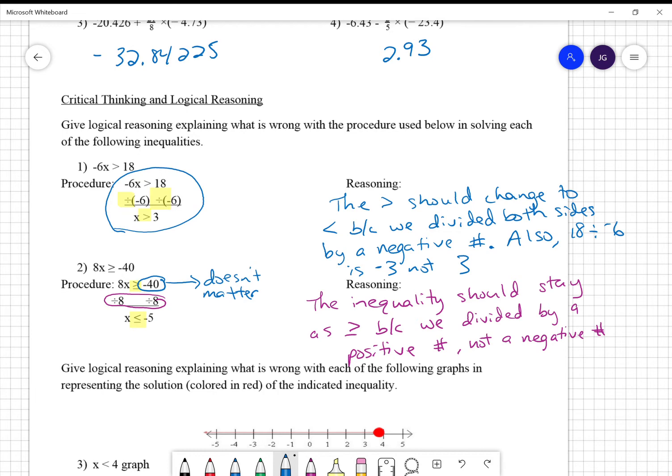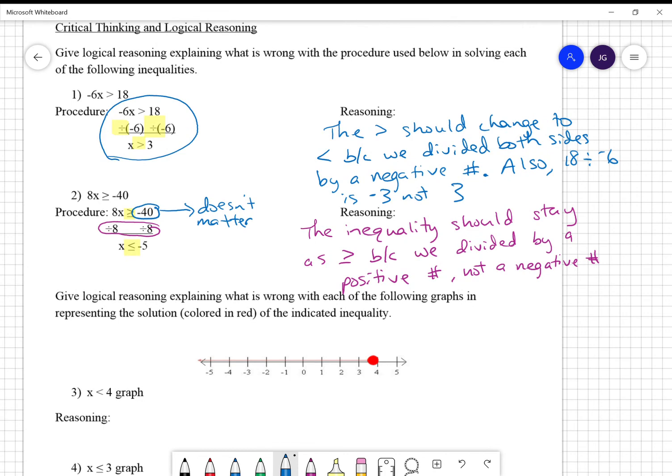Okay, these next graphs didn't transpose to this document as well as I had hoped, but give logical reasoning explaining what is wrong with each of the following graphs. Okay, the solution is in red. X is less than 4. So this is what it should have been right here on 4.